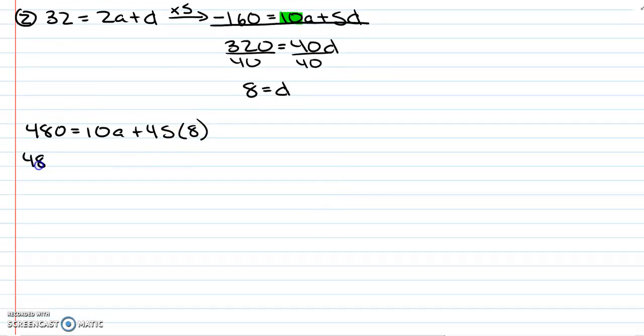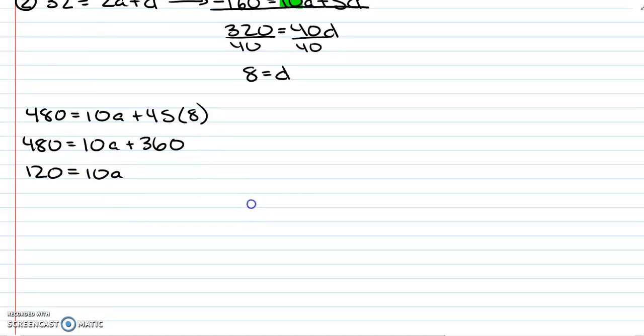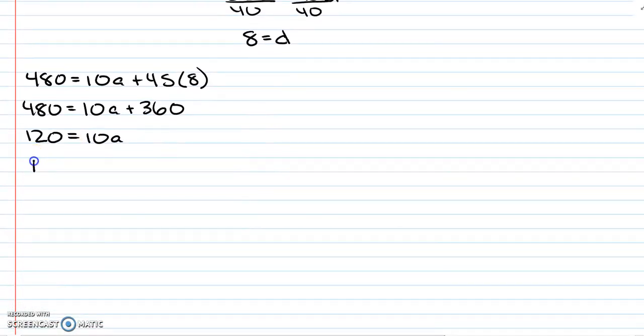So 480 is equal to 10a plus 360. We subtract 360 from both sides, and we get 120 is equal to 10a. We then divide both sides by 10, and we get 12 is equal to a. So now we know both our d and a values.